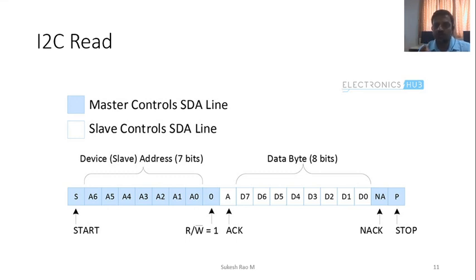So there is the signaling you have seen, how the start and stop signals are produced, and how the addressing is done. You can always remember the I2C protocol goes in a sequence: start, address, read or write, acknowledgement, then data, and stop. That varies depending on whether you're going to do a read operation or write operation.